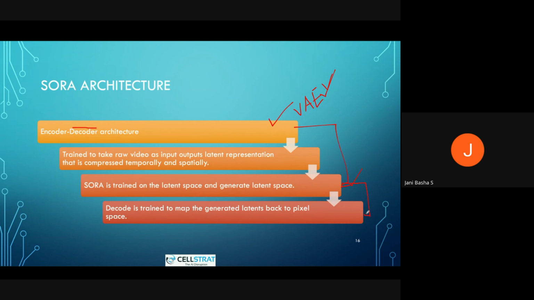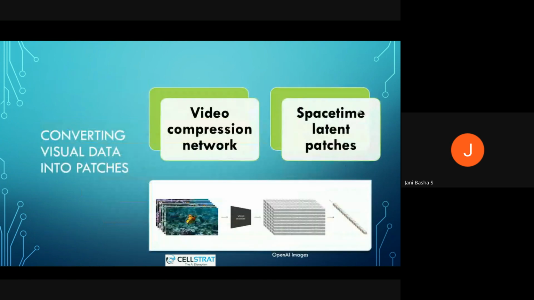That latent space is then decoded back to the original pixel space using the decoder model. So the overall architecture is the same as what we have seen in our previous diffusion transformers. That's why I started with diffusion transformers and the latent diffusion model.